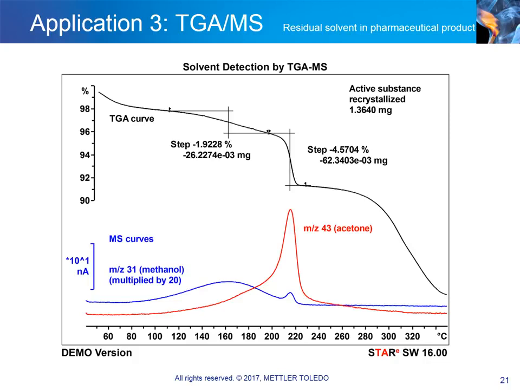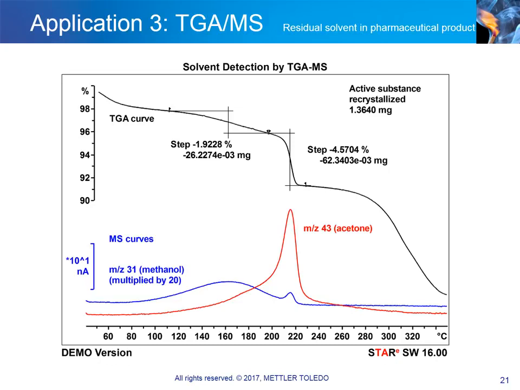This allows the identification of released products and increases the power of TGA considerably. Such coupled systems are used in many fields, for example in the plastics, pharmaceutical, and rubber industries for the identification of decomposition products, additives, or solvents.